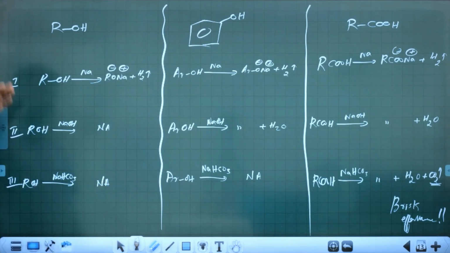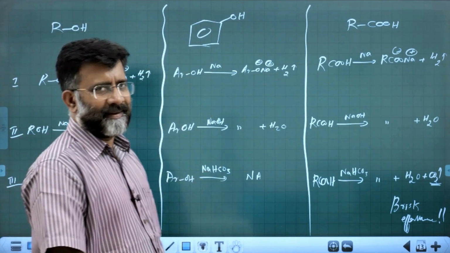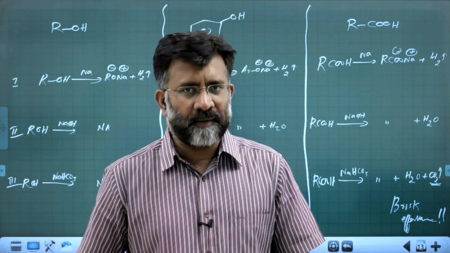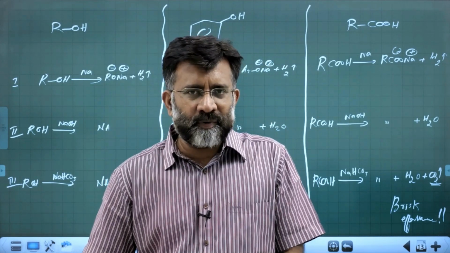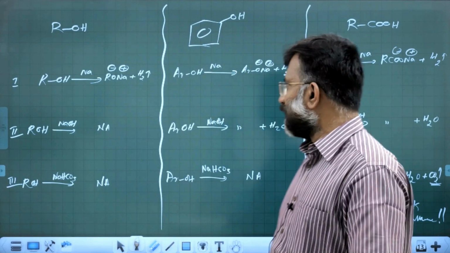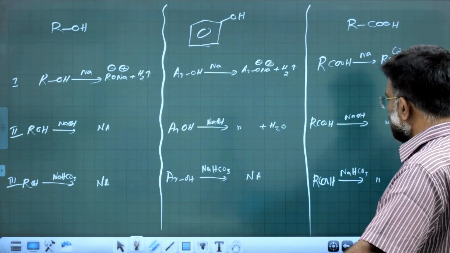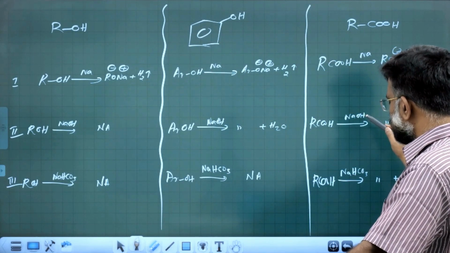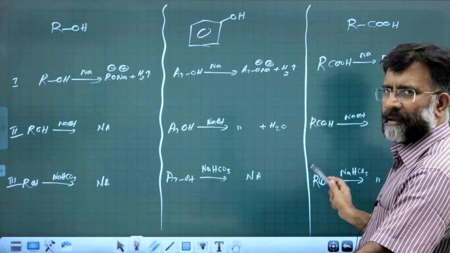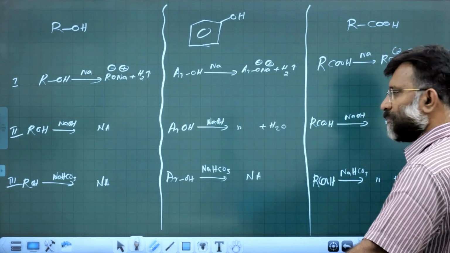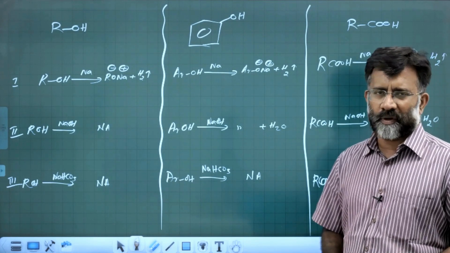So, out of the three reactions, which are a clear demonstration of the acidic nature of the compounds, carboxylic acid reacts with metallic sodium, reacts with the alkaline solution, and reacts with NaHCO3, producing brisk effervescence, a comfortable test for carboxylic acid.